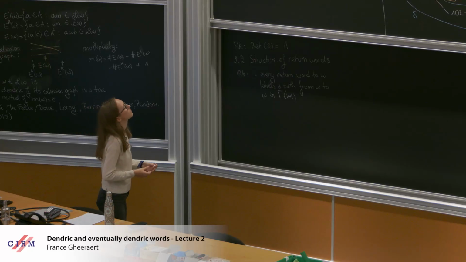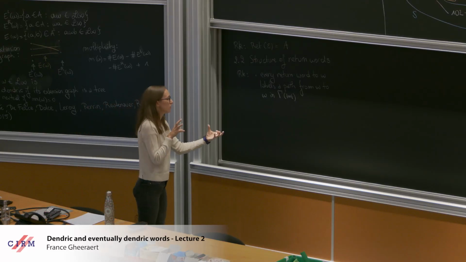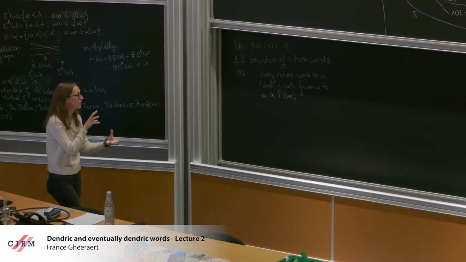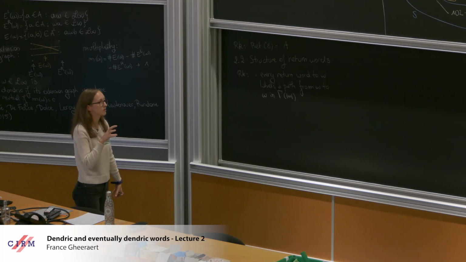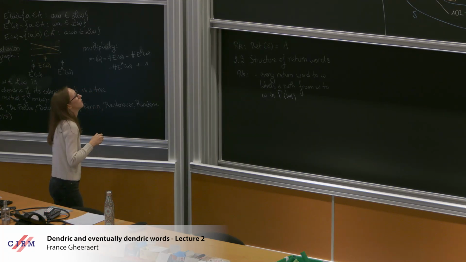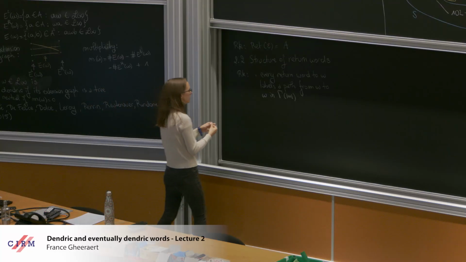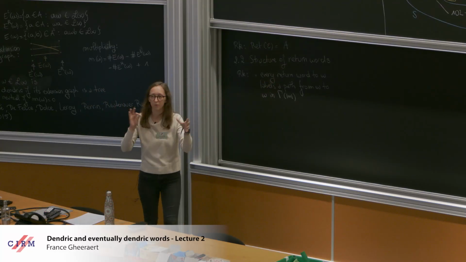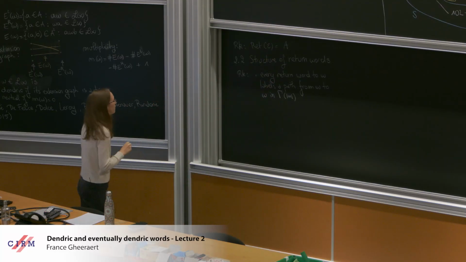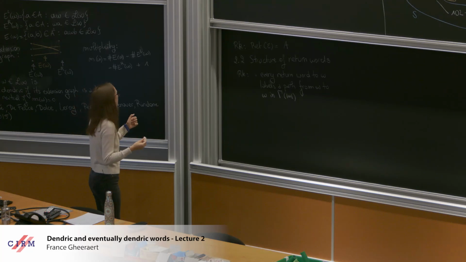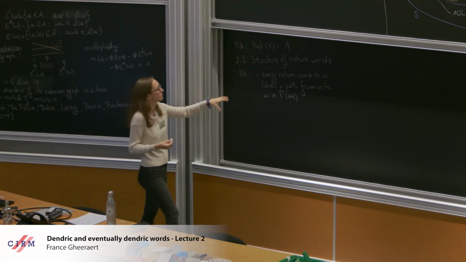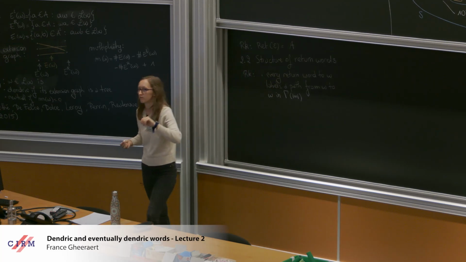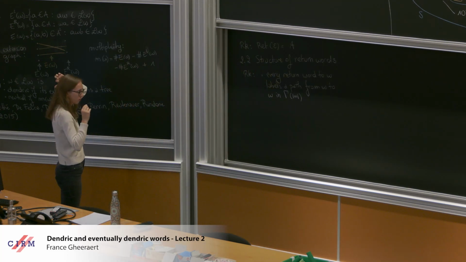Because the Rauzy graph contains some information and some forbidden patterns or forbidden sequences of patterns, but it doesn't contain all of the information. So the converse is not necessarily true, but still return words can be seen in the Rauzy graphs. And so it makes sense to believe that dendricity can somehow be related to the structure of return words, or at least some kind of structure on return words.